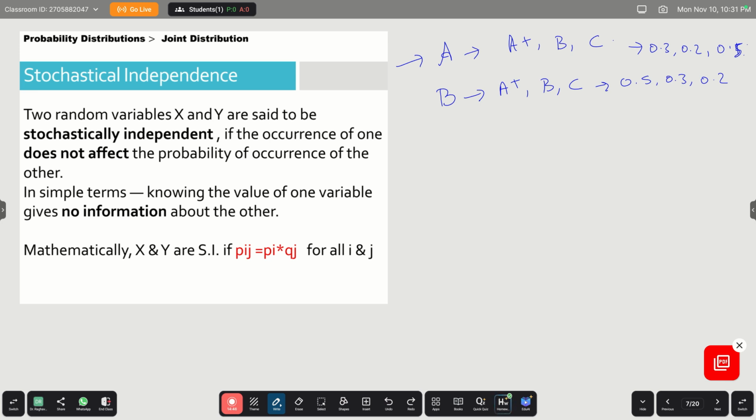So how do you check whether the given variables are stochastically independent or not? That is checked mathematically by checking this equation, Pij is equal to Pi into Qj, whether it's true for all i, j.